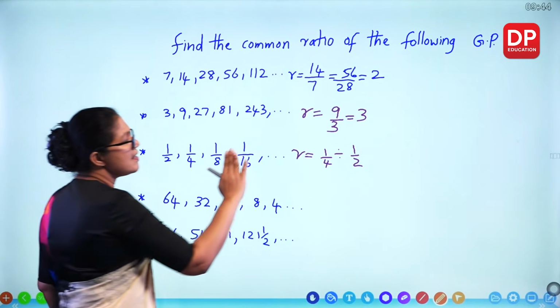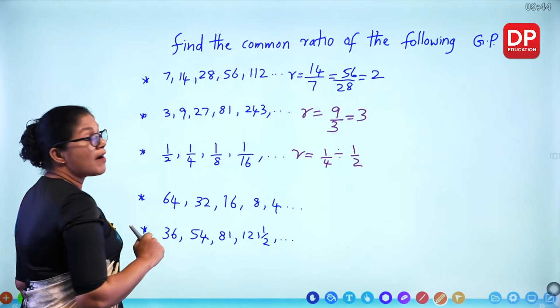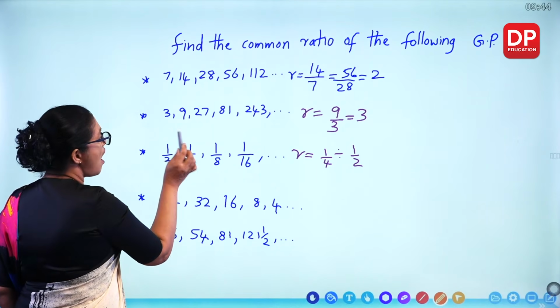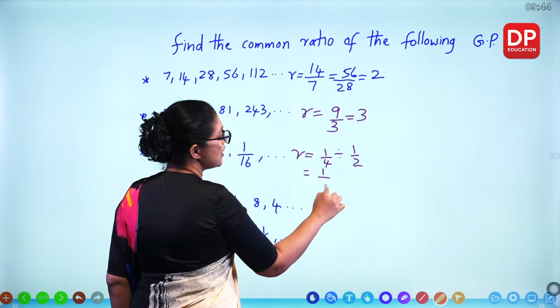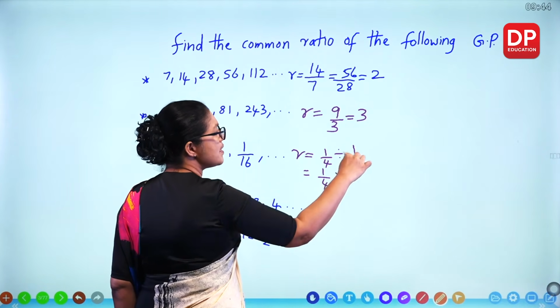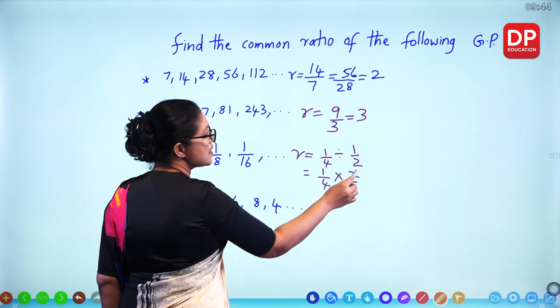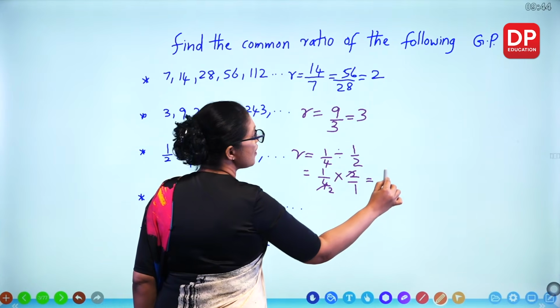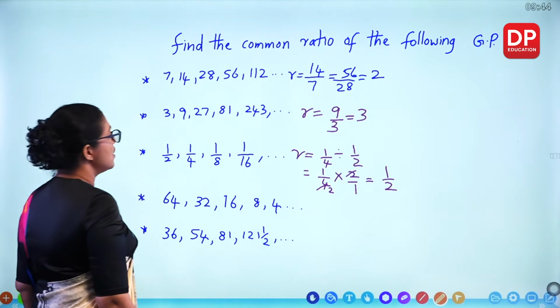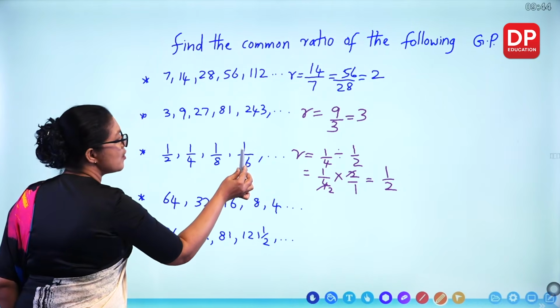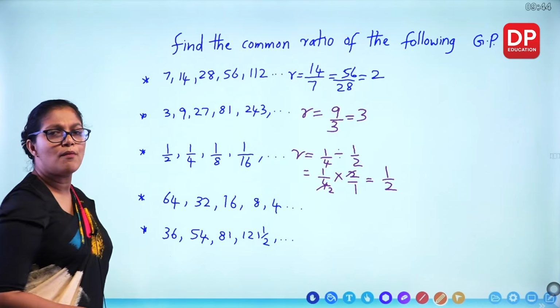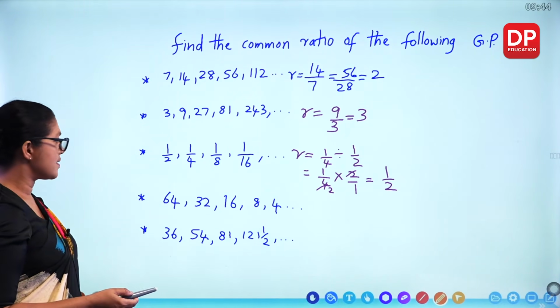So it's easy to find the answer. 1/4 divided by half. So 1/4 multiplied by the reciprocal. So what's the answer? You get half as the ratio. If you take 1 over 16 divided by 1 over 8, you get the same answer.